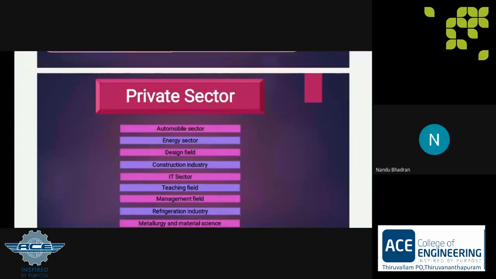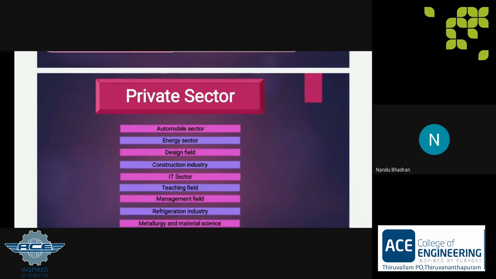The private sector employs mechanical engineers in various fields. We have already discussed the scope of mechanical engineering in the automobile sector. The energy sector also provides large job opportunities, like the petroleum industry and the renewable energy industries, which all employ mechanical engineers.